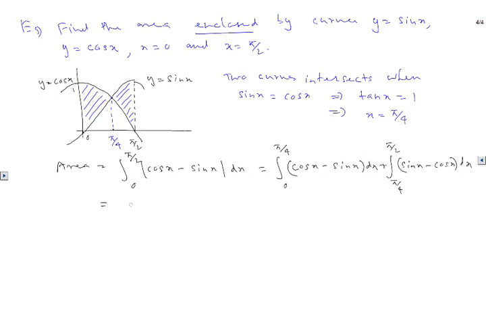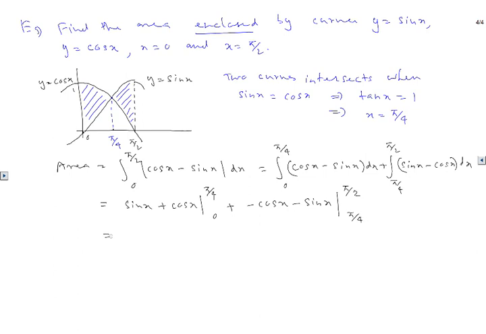The integral of cosine is sin x, and minus sine means a cosine x. So you can evaluate that at pi over 4 and 0, plus the second one: the integral of sin x is negative cosine x, and the integral of negative cosine x is negative sin x. This can be evaluated at pi over 2 and pi over 4.